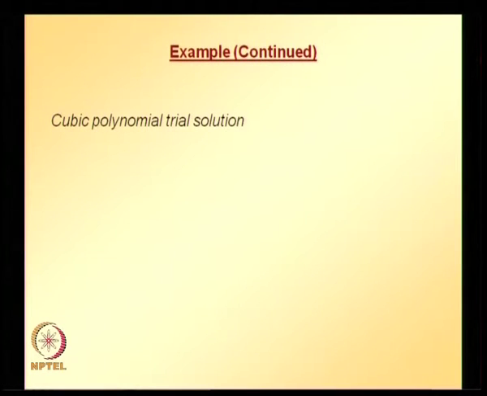So now we will solve the same problem using a cubic polynomial trial solution. Let us see whether the small error that we observed in the derivative can be further reduced. So let us start with the cubic polynomial trial solution.